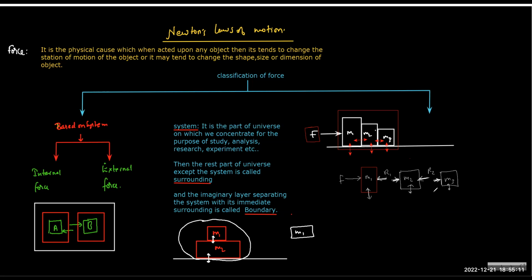If I think of M1 as the system, then F and R1. Correct, F and R1. And similarly, what is the external force on M2 if I consider each as an individual system? R1 and R2. And for M3?